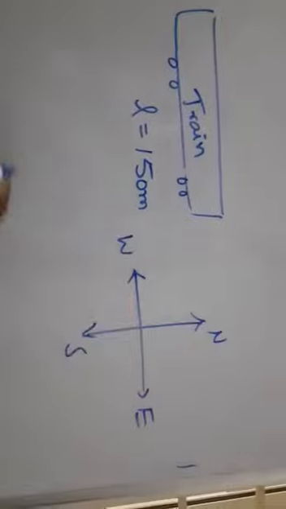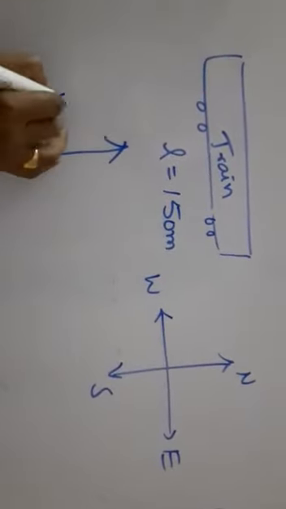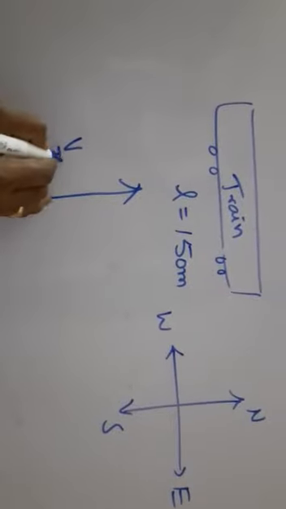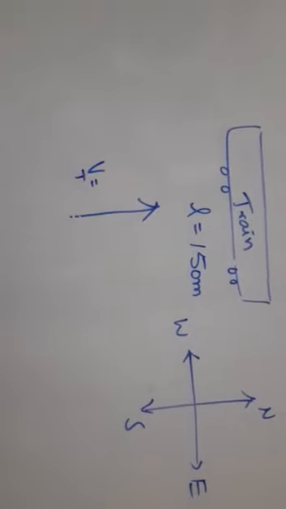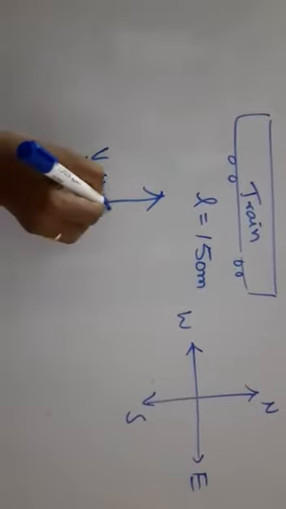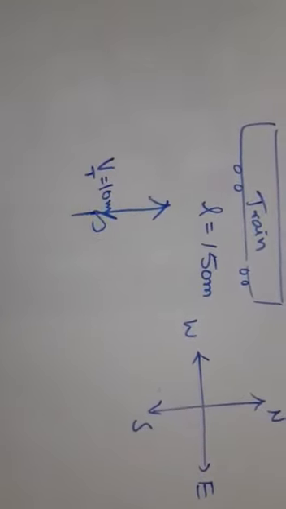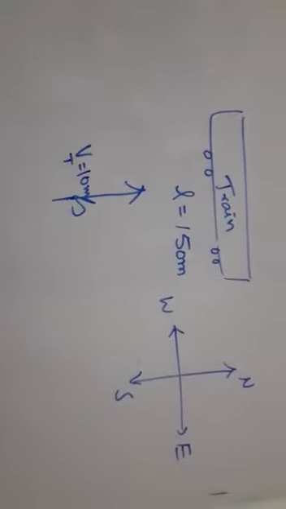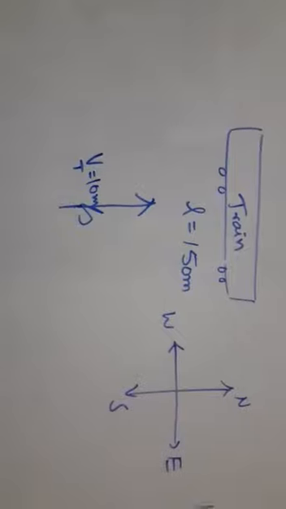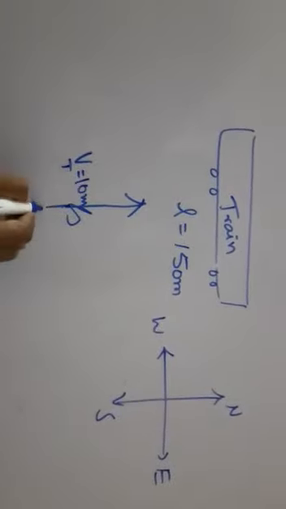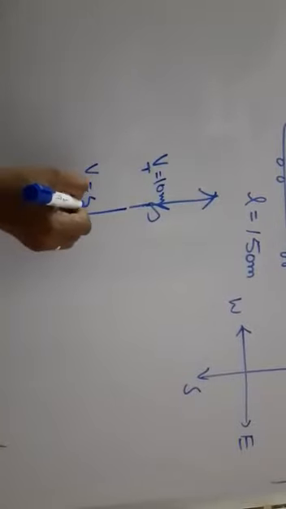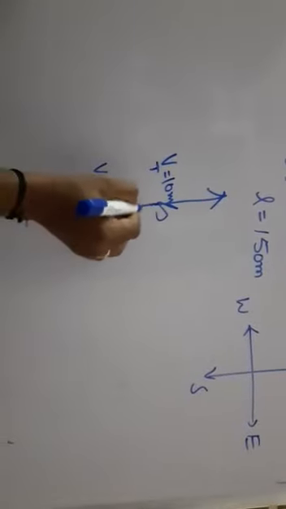Now the train is moving in the north direction. The velocity of the train is 10 meter per second. Next, a parrot is flying with a speed towards south. This is 5 meter per second.